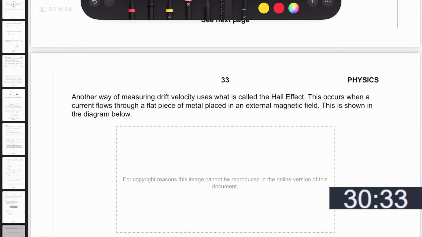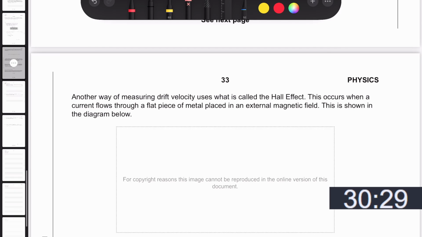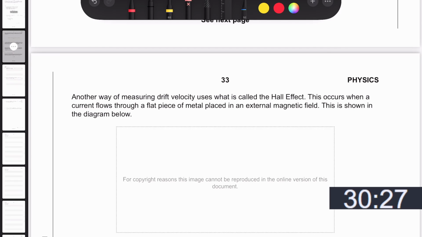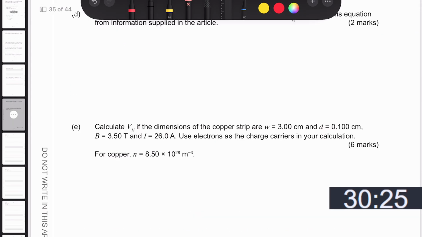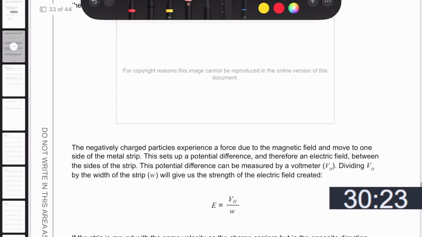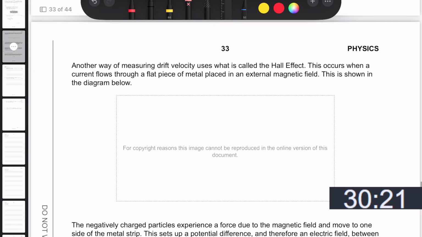This is what's called the Hall effect. It occurs when current flows through a flat piece of metal placed in an external magnetic field. Okay, image. Okay, I'm gonna get this image up. This is 21.